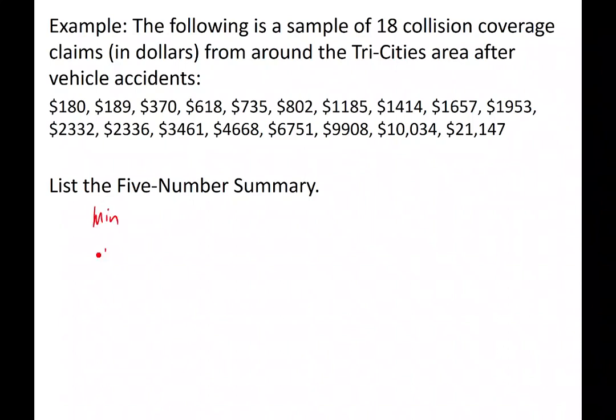So for our collection here of claims, right? The min and the max are obviously the easiest. So you get this. Your max would be 21,147. The median we calculated, what was it? We calculated that yesterday. It was the average between these two, wasn't it?